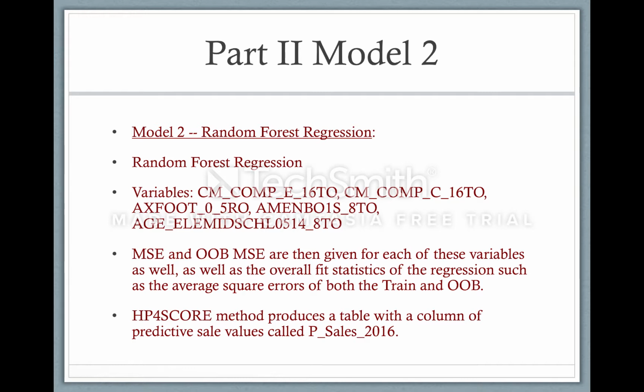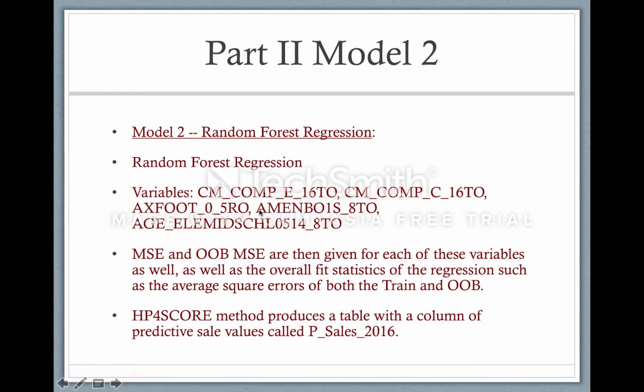The next model that we did was our random forest regression, and that was a little bit easier considering we had already done a random forest classification to find which variables we thought were really important. So we just added the regression code that was necessary. As you can see, the variables were still the same important ones.